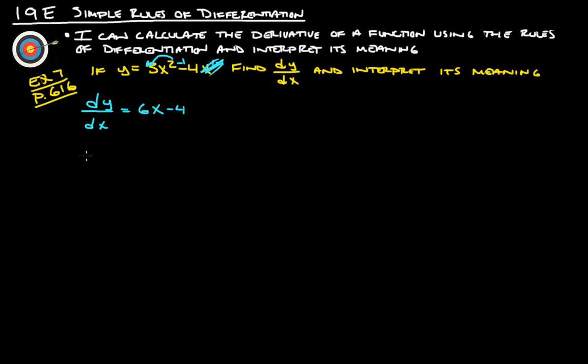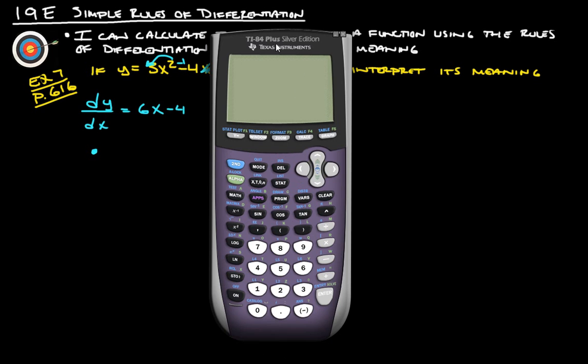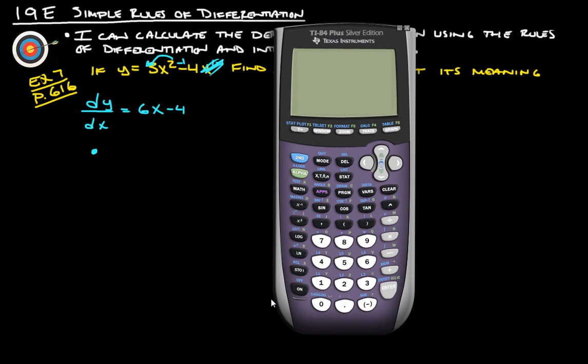What this means is that we can find the gradient of the tangent of the function y equals 3x squared minus 4x at any point by plugging that x value in. So we can find the slope of the tangent to this function at any point merely by plugging in an x value. I know we're running close to the end here, but let me show you what I mean.